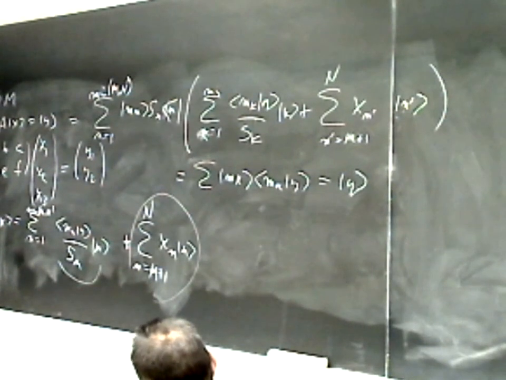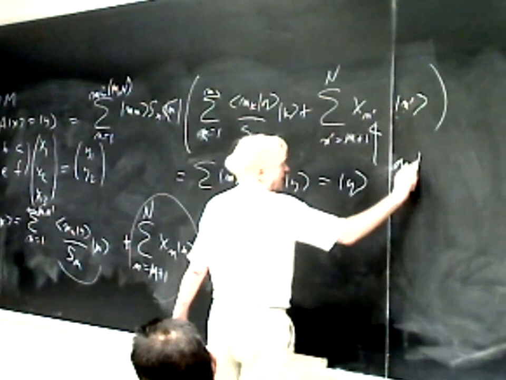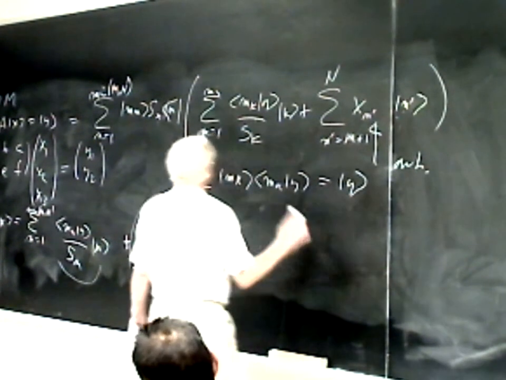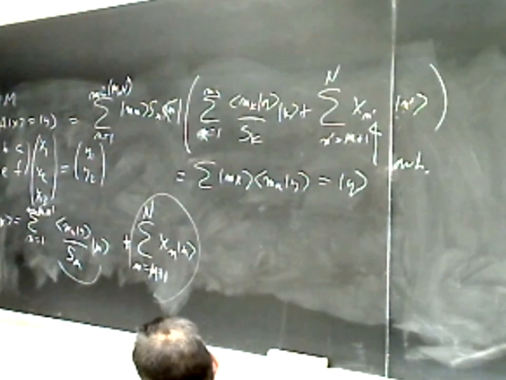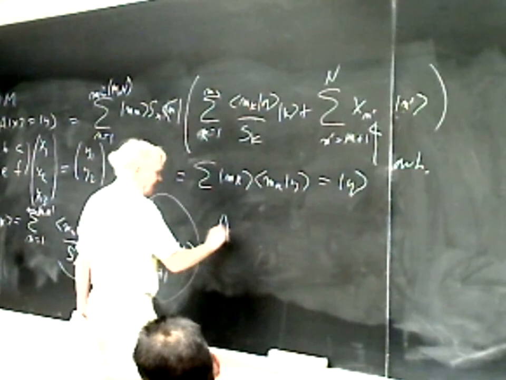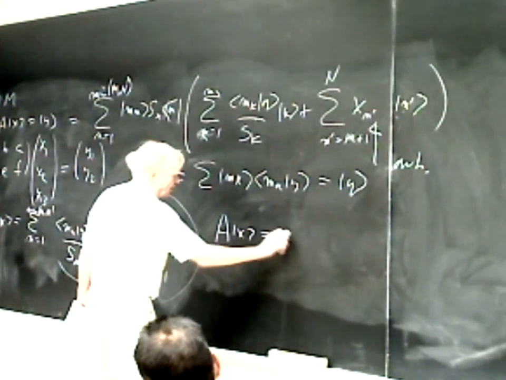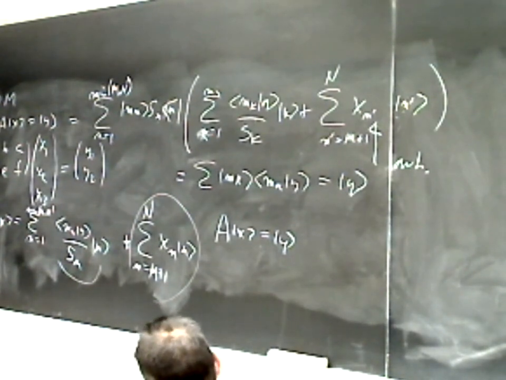So these coefficients here would be arbitrary, because all those vectors get mapped by A into 0. So for any vector x of that form, we would have AX equals Y. So the solution would not be unique.